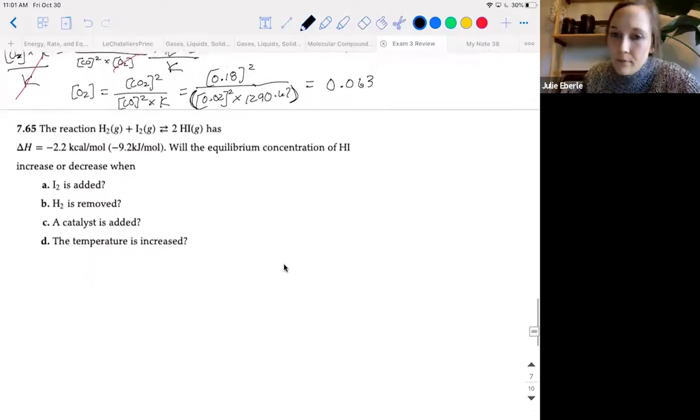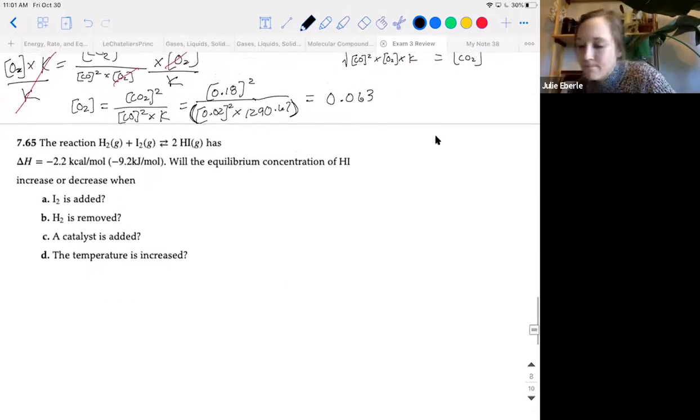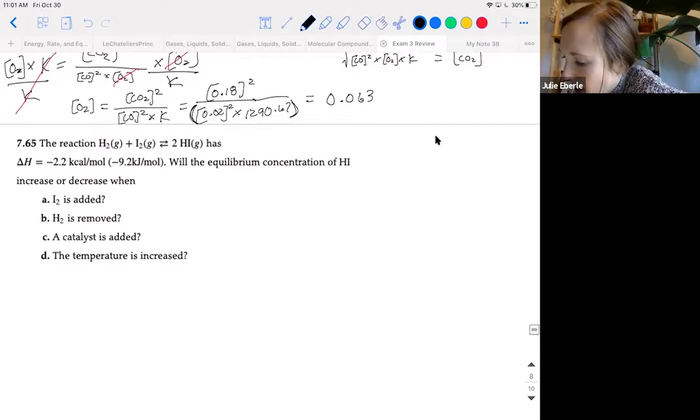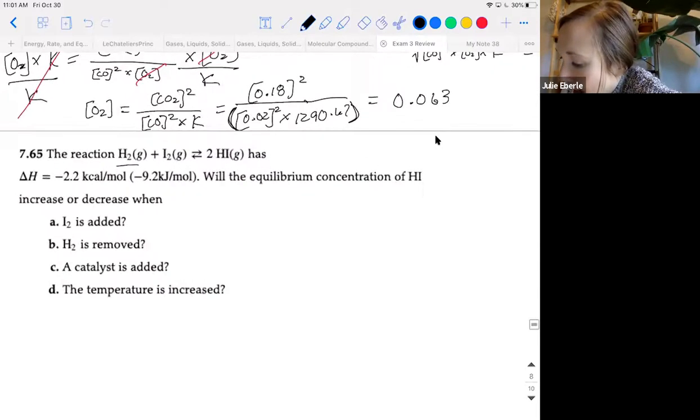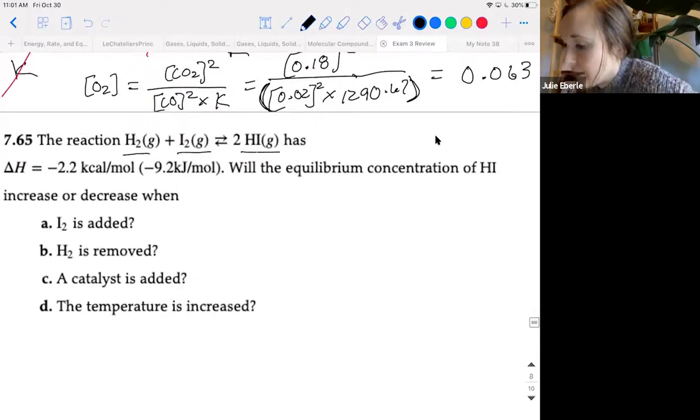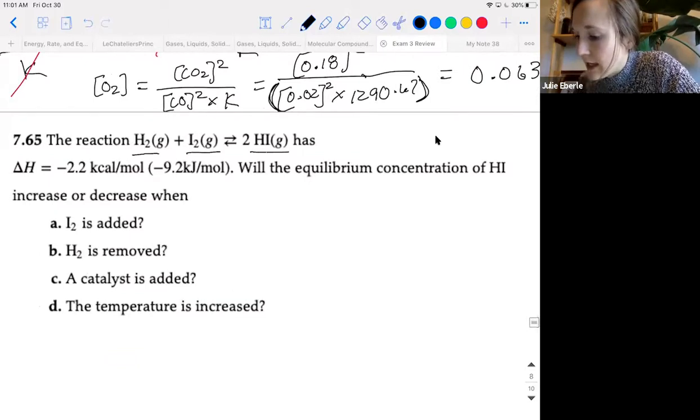All right. Next, we have a Le Chatelier's principle problem. We have this reaction here: hydrogen gas and iodine gas making hydroiodic acid, HI, and it has a delta H of negative 2.2 kcal per mole.